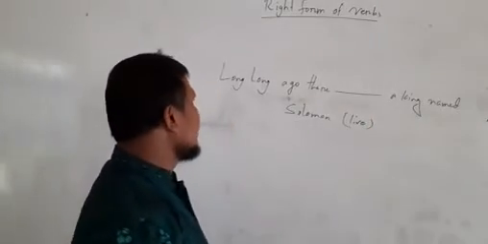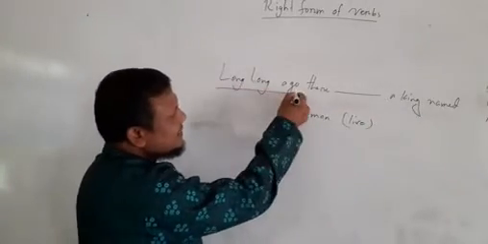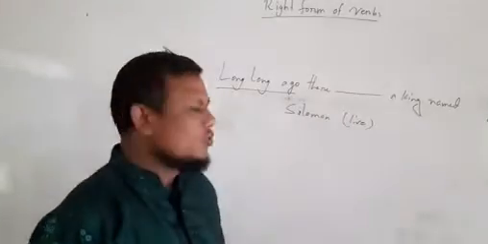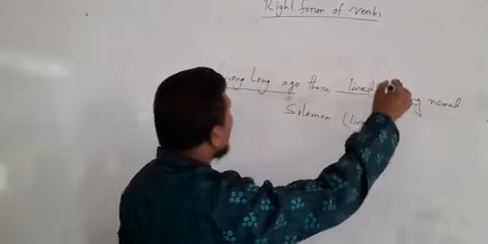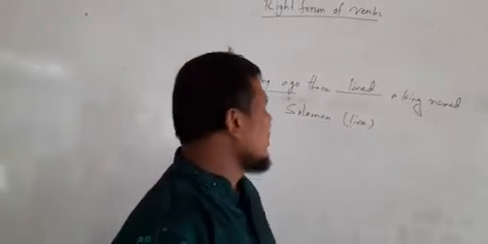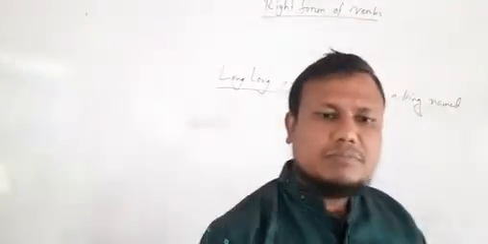In this sentence, long ago indicates the past simple. So the verb will be in past form, lived. Long ago, there lived a king named Solomon.